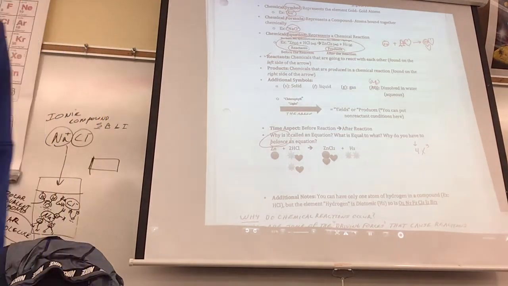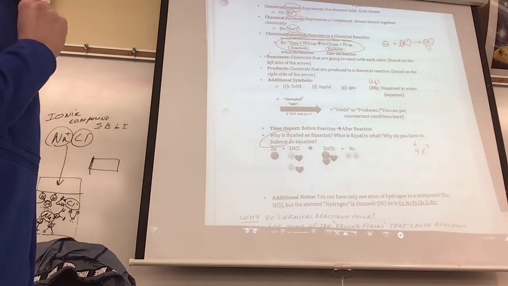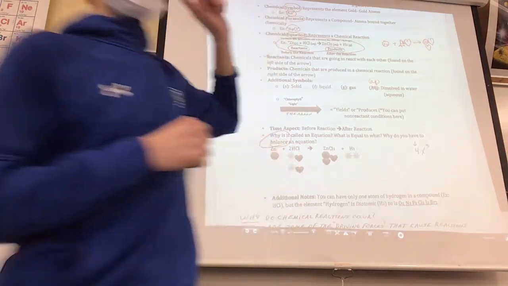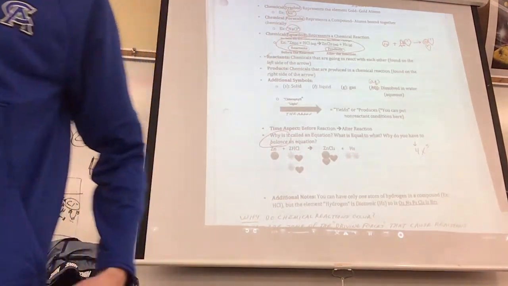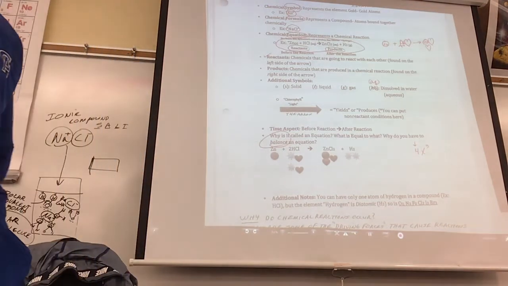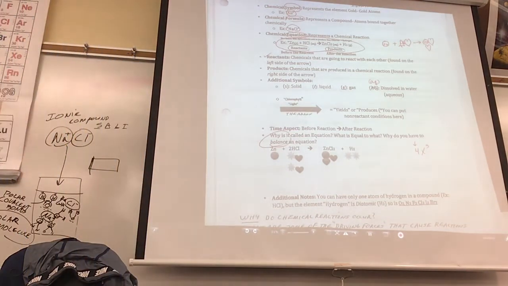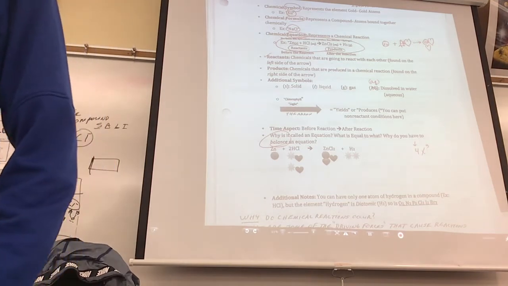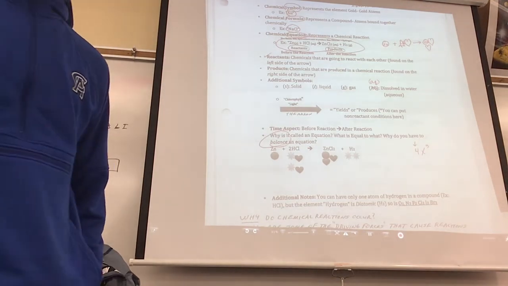All right, so we started out yesterday talking about what just that was, and it's a chemical symbol, and then we moved on to the chemical formula. What does a chemical symbol represent, though? The elements. Okay. And then a chemical formula represents a compound or atoms bonded together.